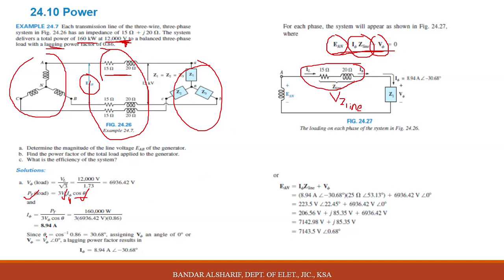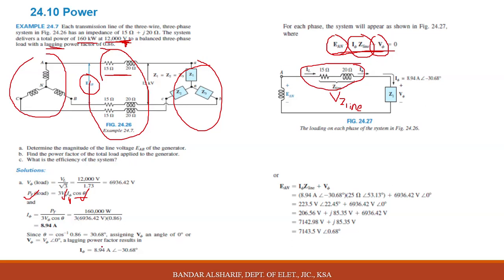See here, cosine theta, it will be cosine inverse of 0.86, which is 30.68 degrees. Consider the V phase as a 0 angle.